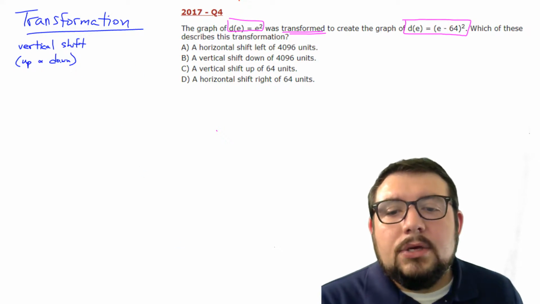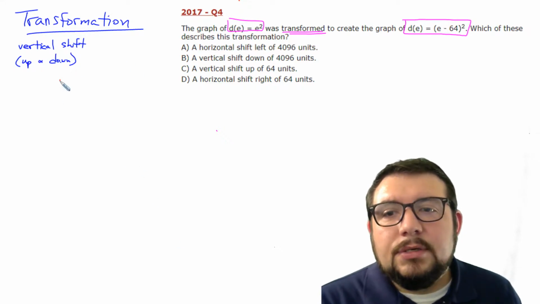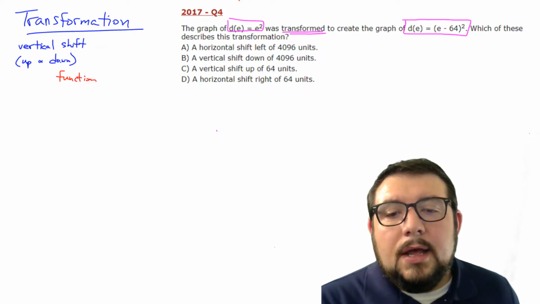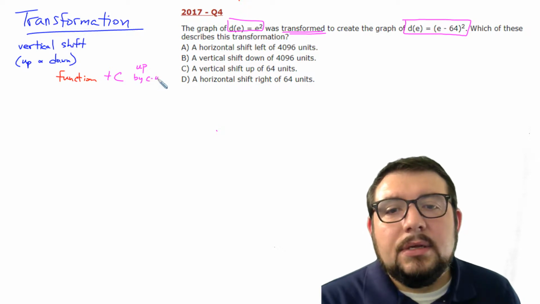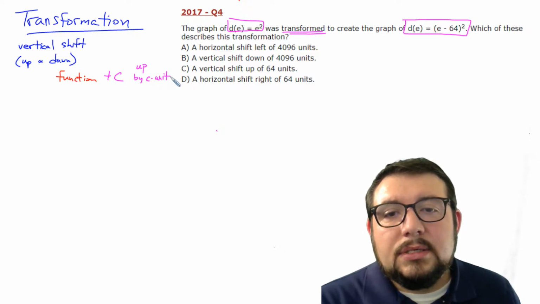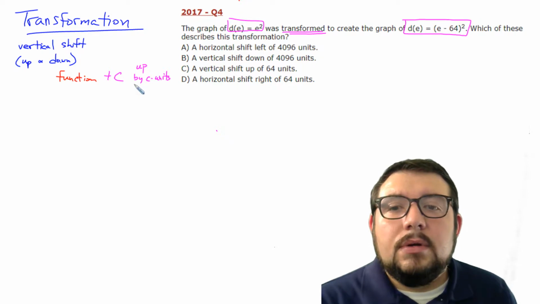Okay, so if I have a function and I put at the end of that function, for example, plus some number, well, that is going to move the function up. That'll move the graph of that function up by c units.